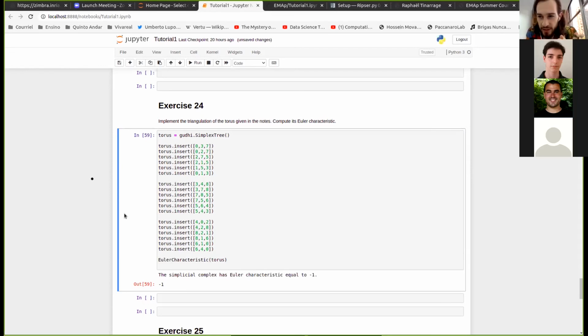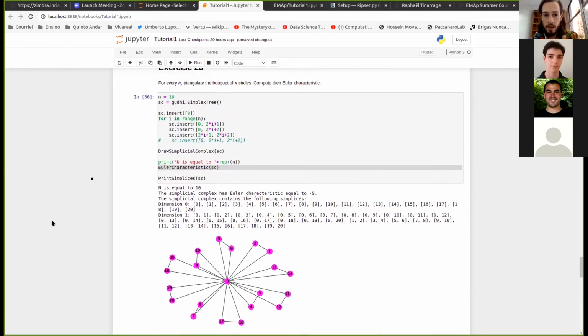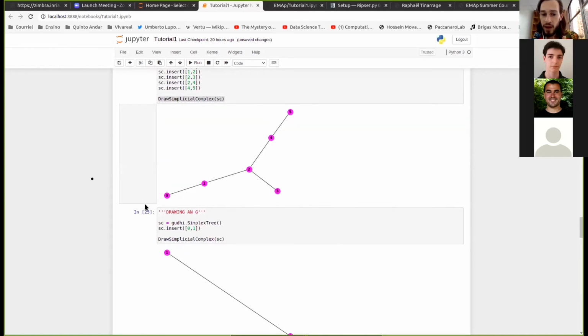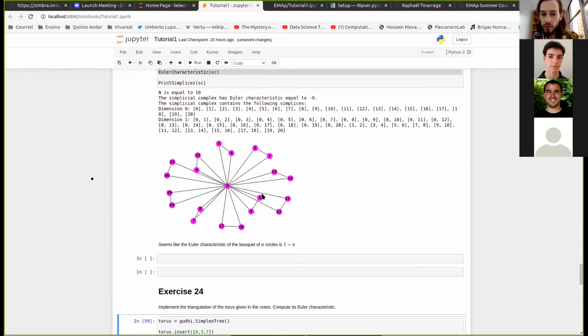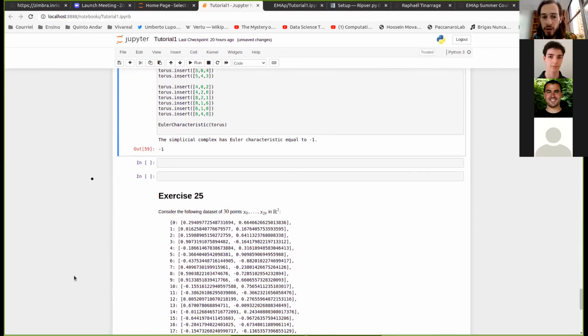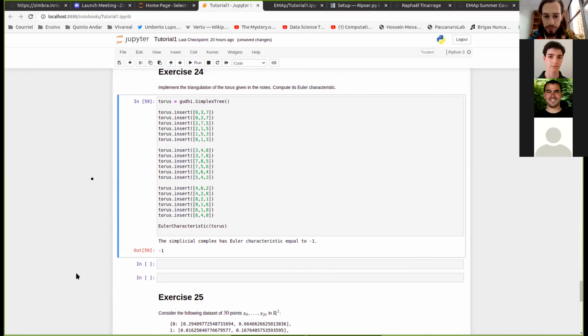It's a bit more complicated than that, because you can understand the Euler characteristic as the number of holes for graphs in the plane. If you have a graph in the plane, for instance, the simple letters we have, or the bouquet of circles, the Euler characteristic is related to the number of holes. But for higher dimensional spaces, this is not so easy to understand.